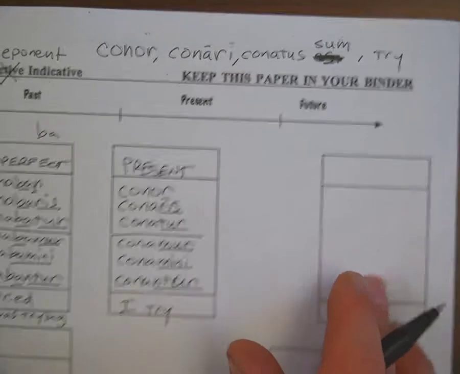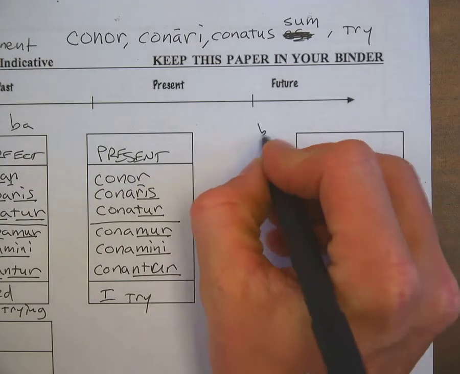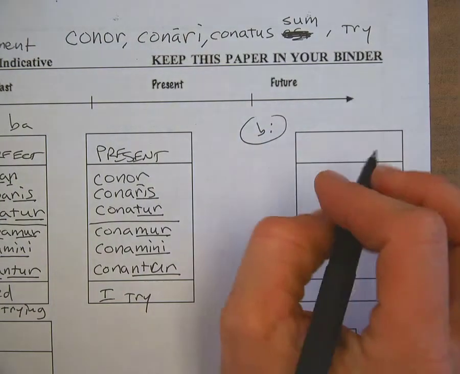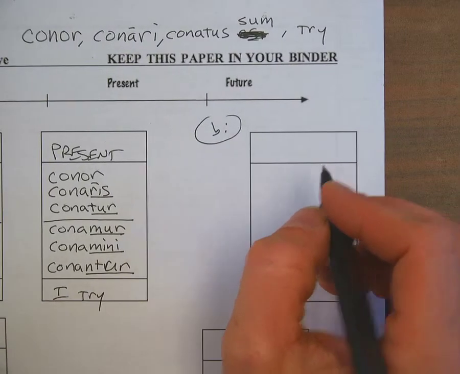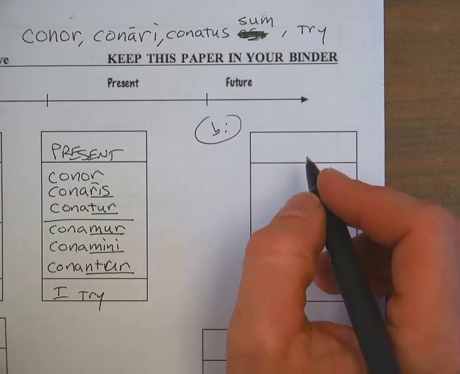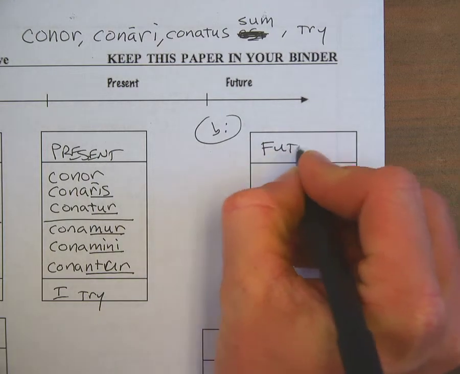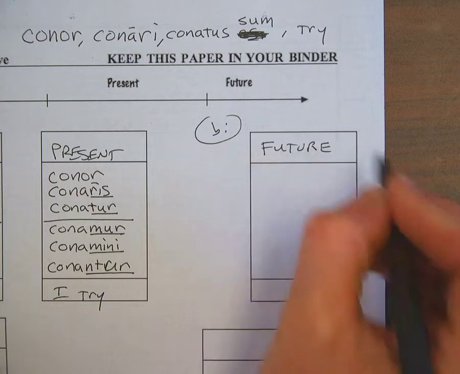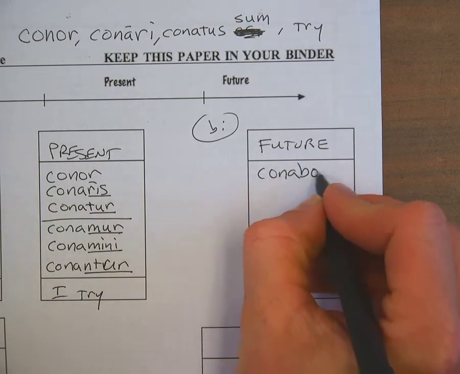Future uses the same stem, cona, and it uses the bi sign for the future. Bi, bo, bis, bit. But in this case, it's not active. It's going to be bor, beris, bitur. So for future, it goes like this. Conabor.